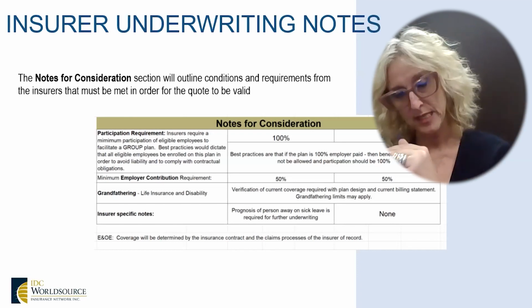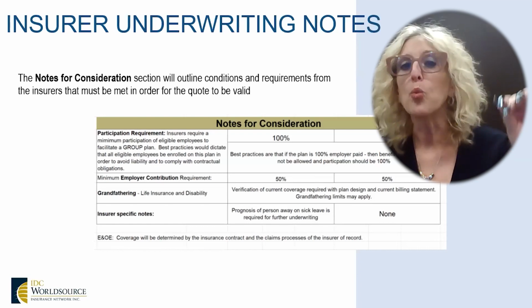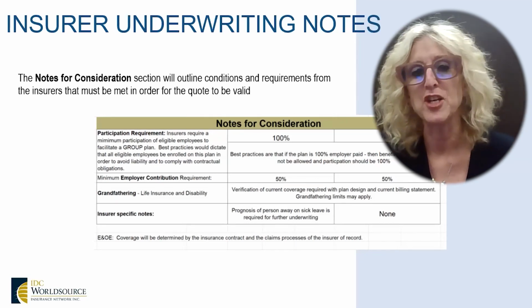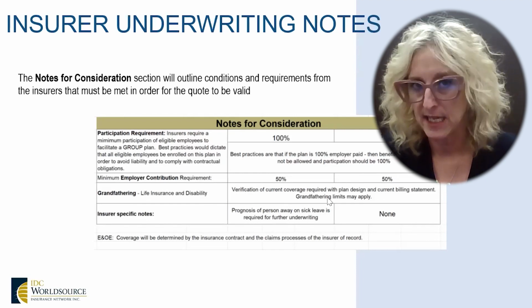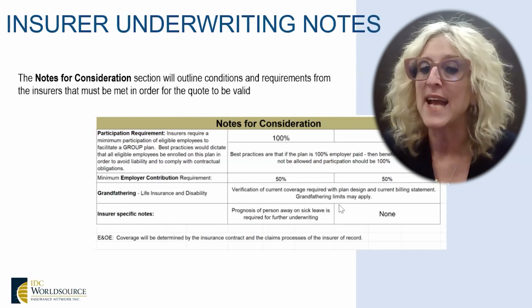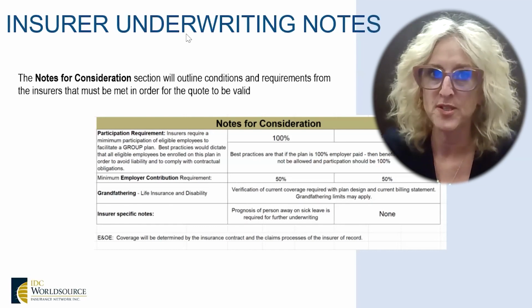And let's say the insurance company that you're going with is a little bit less than what they currently have. The insurance companies tend to grandfather that information. So we want to make sure that you're highlighting that to your client, as well as any specific information that we think is going to be valuable in terms of the notes.